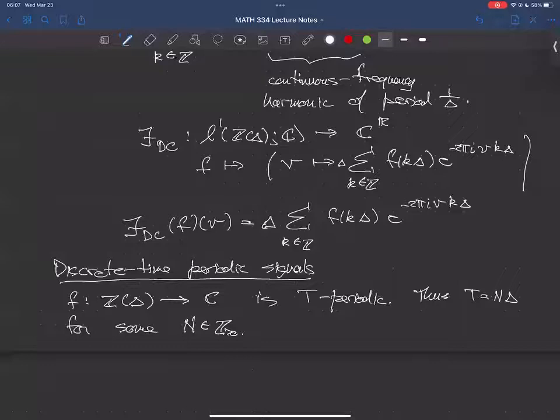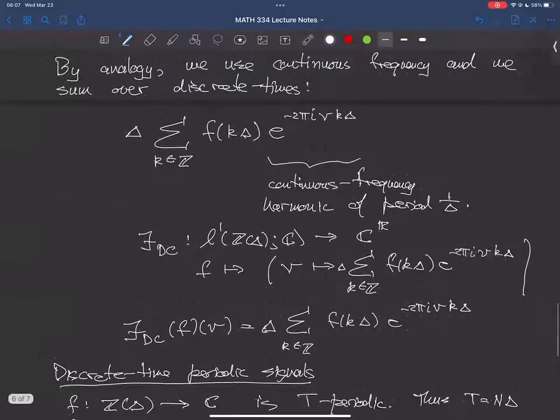All right, so the roles of T and N are the same here. They define the period. Okay, and again, we're going to work by analogy.